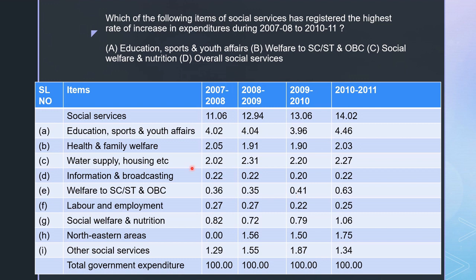The value is 11.06 in 2007-08 and in 2010-11 the value is 14.02. So the final value is 14.02 and the initial value is 11.06. So 14.02 minus 11.06 divided by the initial value, that is 11.06, into 100, we get the percentage increment value. See you in the next slide.